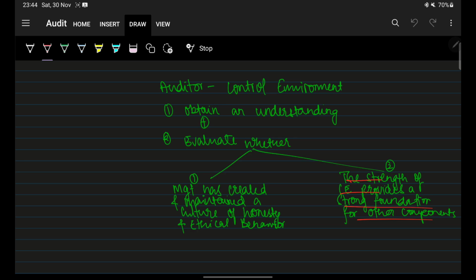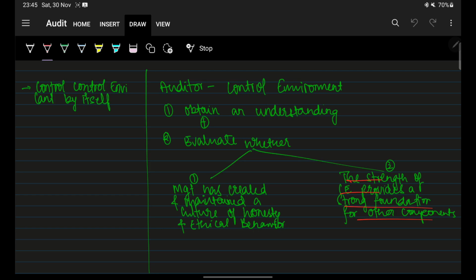And we had also learned a few limitations, or a few separate points, about the control environment, right? Firstly, can the control environment be conclusive evidence that there is no fraud? Obviously not, right? The control environment cannot by itself prevent fraud.